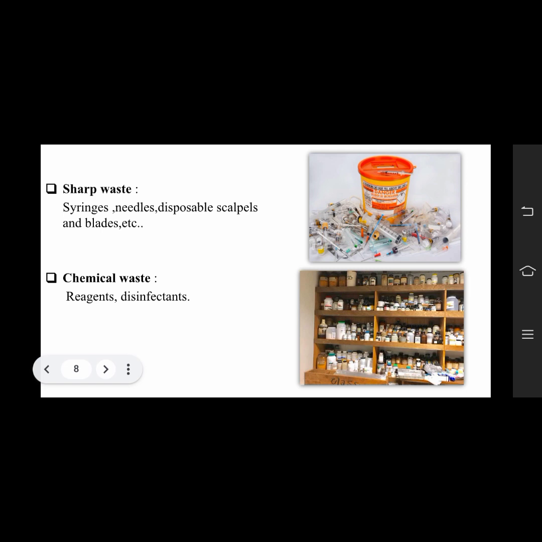Then chemical waste includes all the reagents and all the disinfectants which are used in a laboratory for killing germs and for sterilizing surfaces. So this comes under chemical waste.